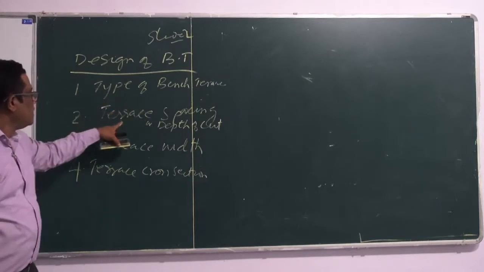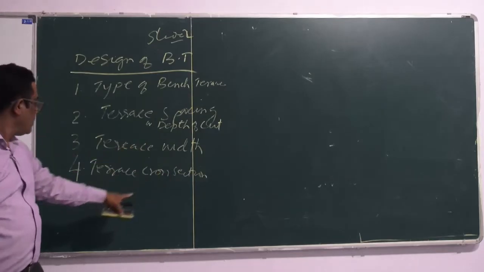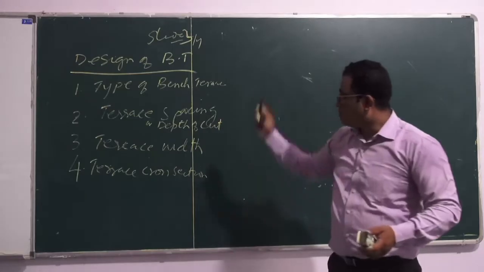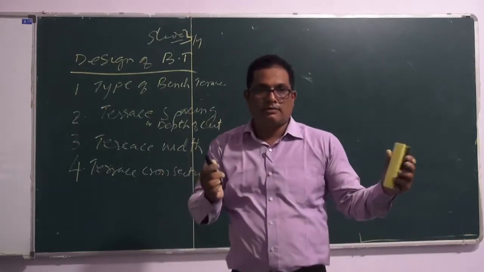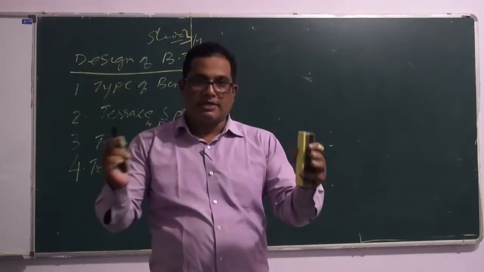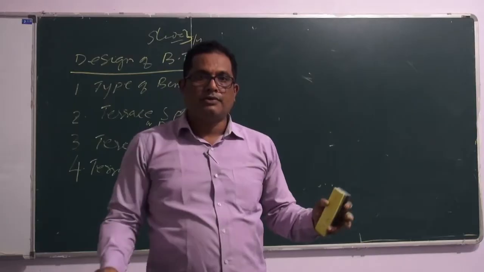Type of bench terrace, spacing or depth of cut, third is terrace width, and fourth is the terrace cross section. So I am putting these slides so that when the final product comes, the presentation can be put so that the diagram is clearer to you.